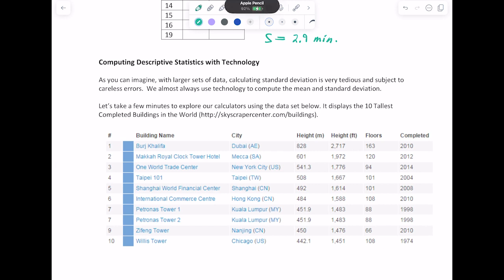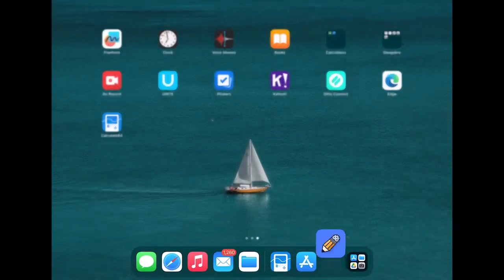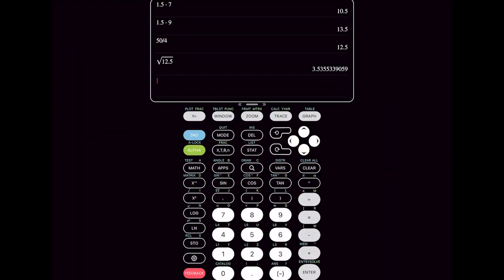So let's really quick take a look here. Let's say I want to find the mean and the standard deviation for the heights of those buildings, okay, in feet. So what I'm going to do is type those numbers in for each of those buildings into my calculator. Okay, so do you remember how to do that from the last video?